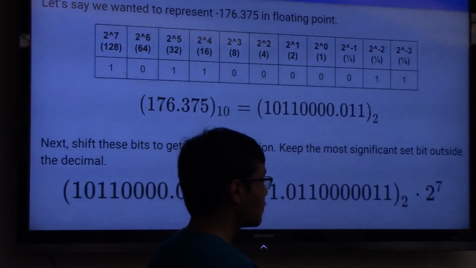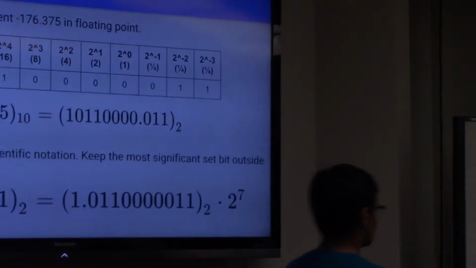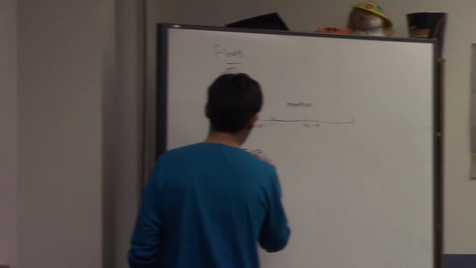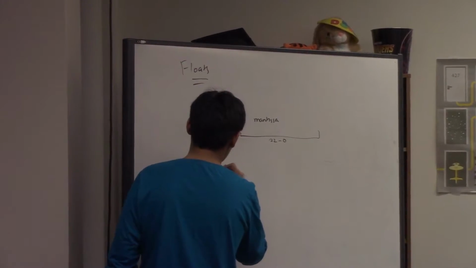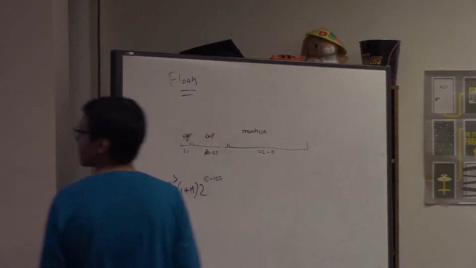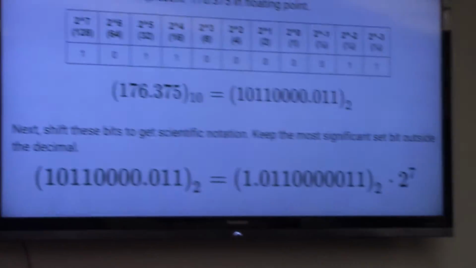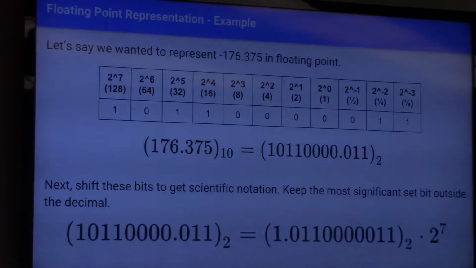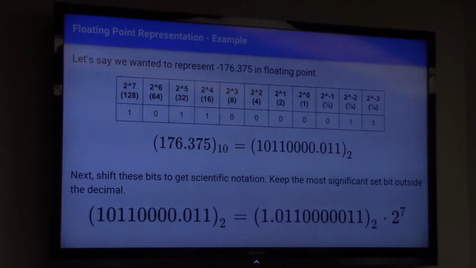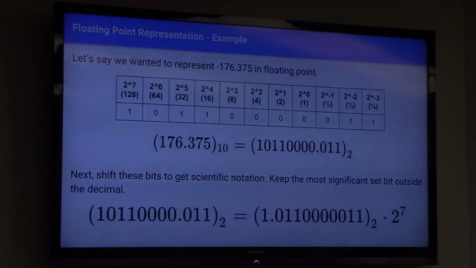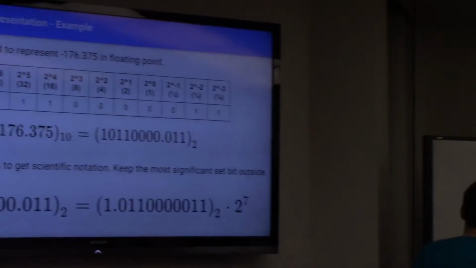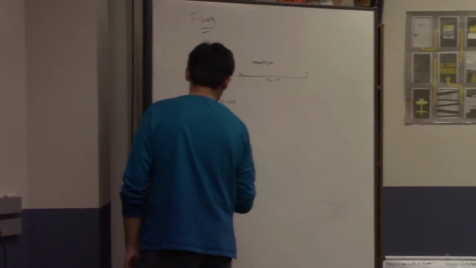Oh yeah, sorry, I forgot the 2 here. 2 to the e minus 127. Yep. Okay. So I'll try to explain how this is going to work. The number is negative 176.375, sorry. That would have been a problem.